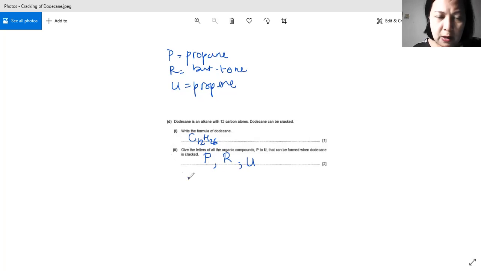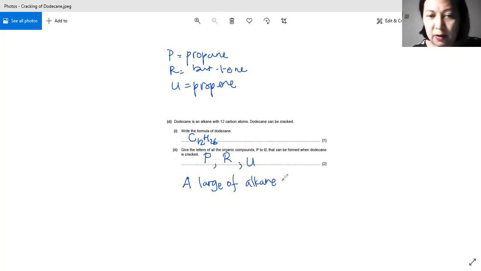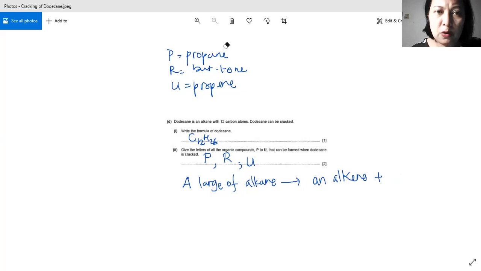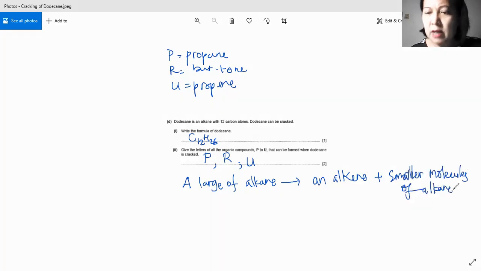If a large or long chain alkane is cracked, then the product would be an alkene, which has a double bond or is unsaturated, plus smaller molecules of alkane.